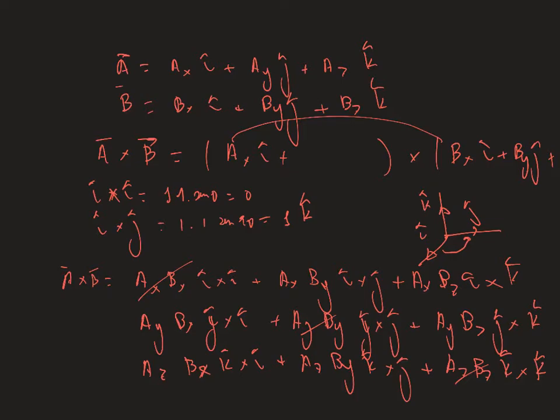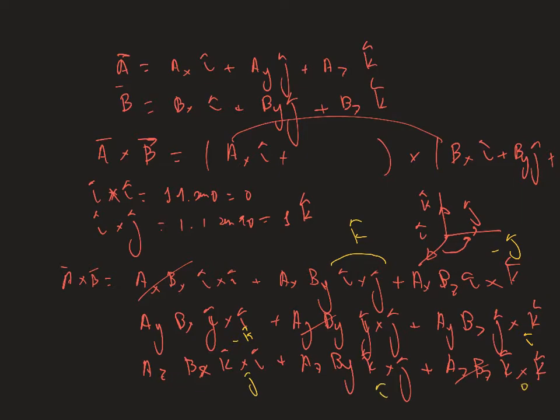But now remember that I cross J is K. And remember that I cross K is minus J. Remember that J cross I is minus K, and J cross K is I. K cross I is J, and K cross J is minus I, and K cross K is 0.